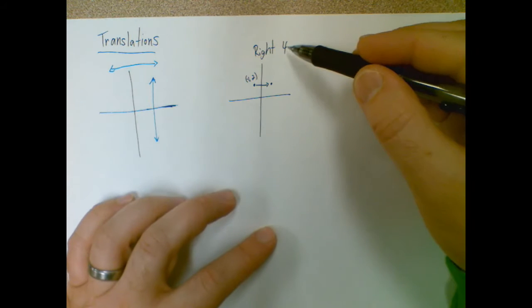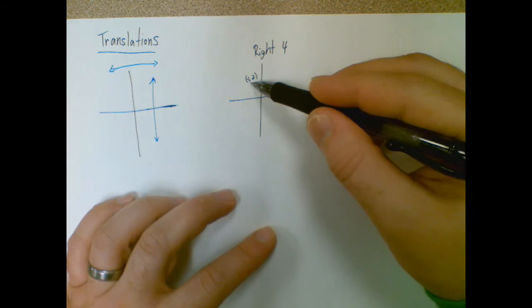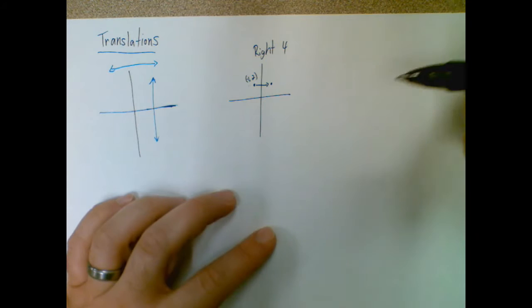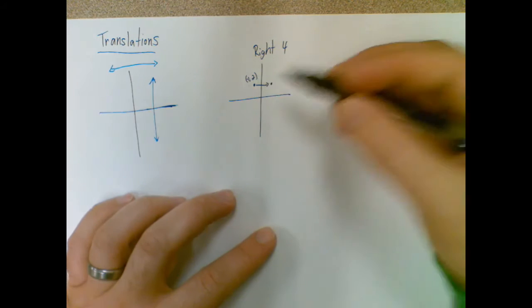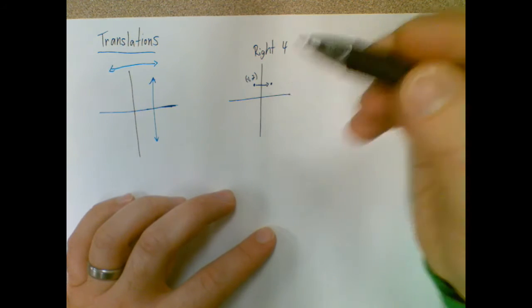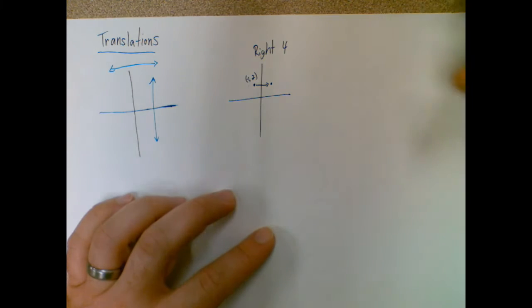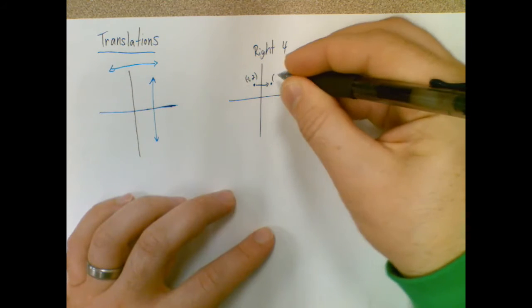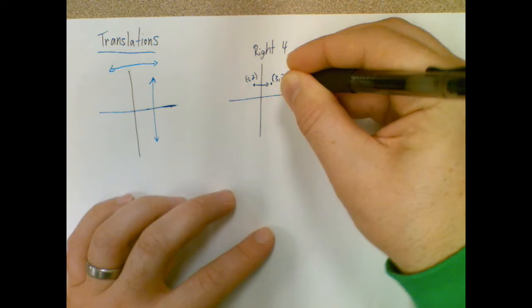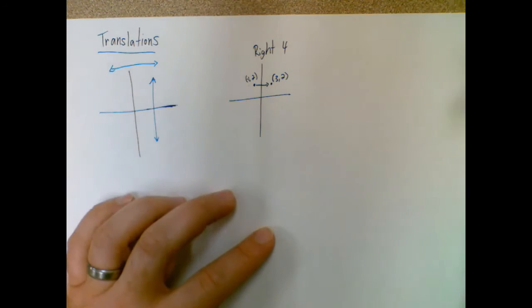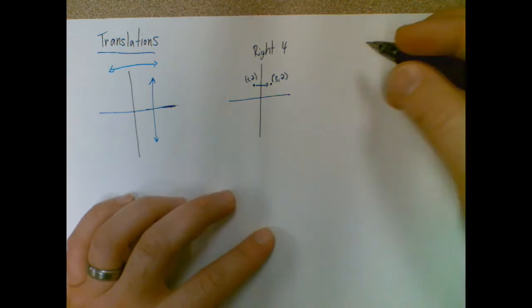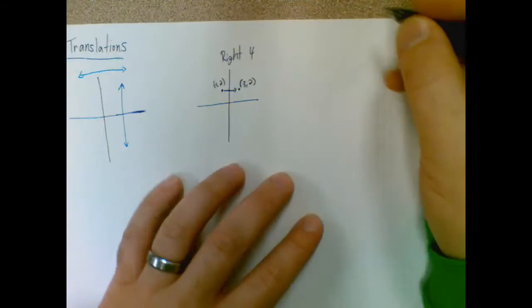So looking at this, if I'm going right and left, which coordinate of my point has to do with right and left, and that's the x coordinate. So that means I'm going to take my x coordinate and I'm moving right, so I'm going to add 4. If I was going left, I would subtract. I'm going to add 4 to it, and that means this point would have to be at 3, 2, so definitely not to scale. Okay, so that would be right and left.